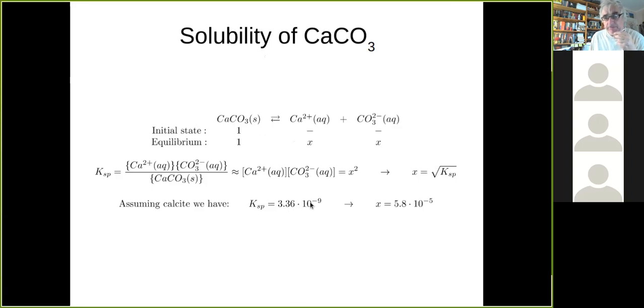And if you look it up on the internet or in some table, you may very well see other solubility products, 3.5 or 5 times 10 to the minus 9, I think, and that is the value in the book of data, a well-known table used at Stockholm University for the basic courses.